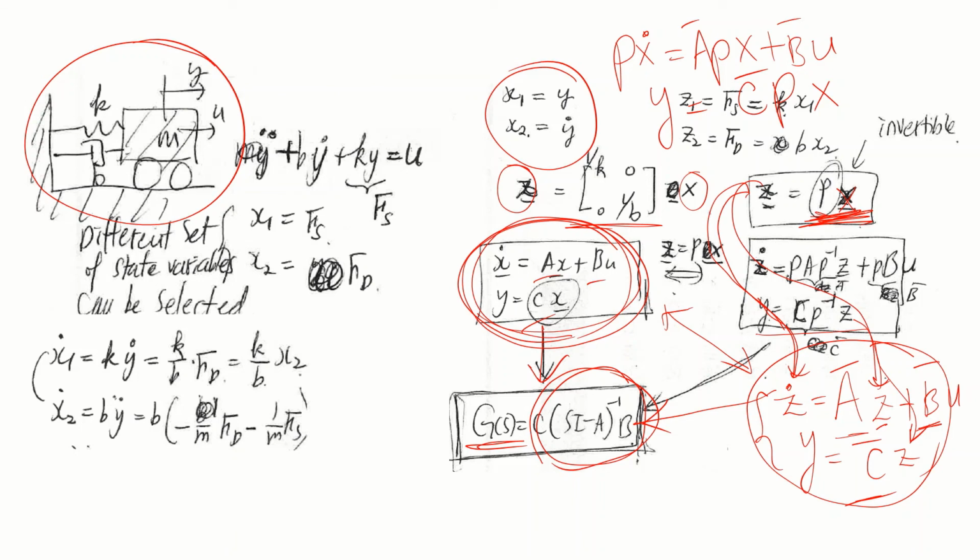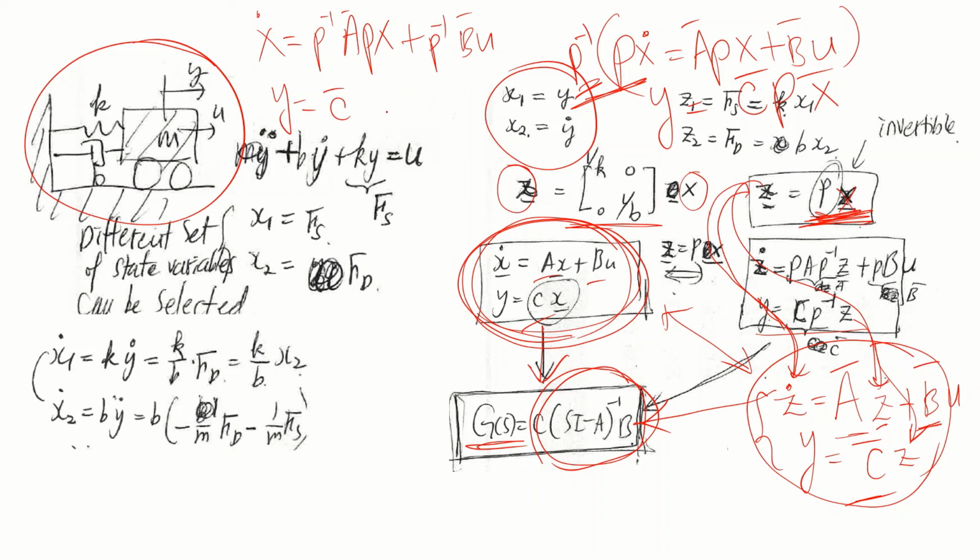Because P is invertible, you just pre-multiply the whole equation by P inverse. Then these two cancel, and x dot equals P inverse A bar P x plus P inverse B bar u, and y equals C bar P x.